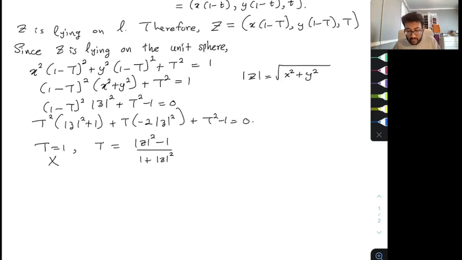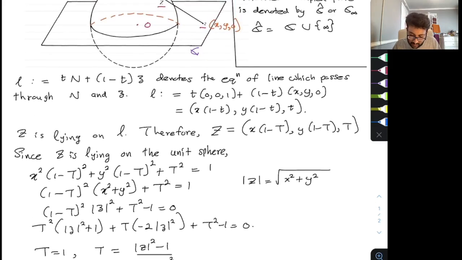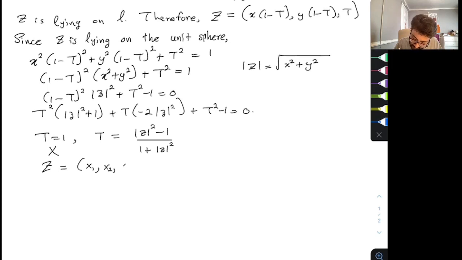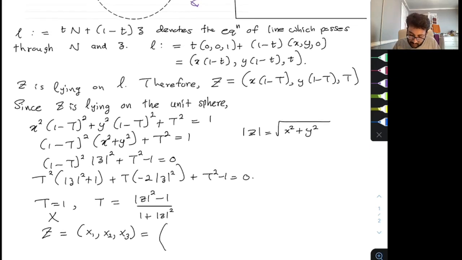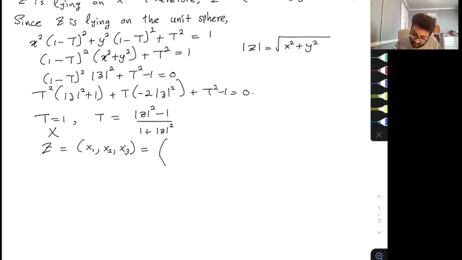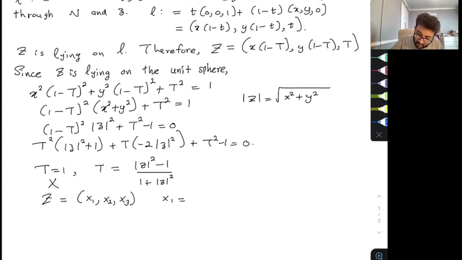Then after you find capital T, you are done, because if you know capital T, then you can write your point capital Z, that is (x1, x2, x3). What is my x1? I'm not going to simplify; these three, x1, x2 and x3, are these three values.